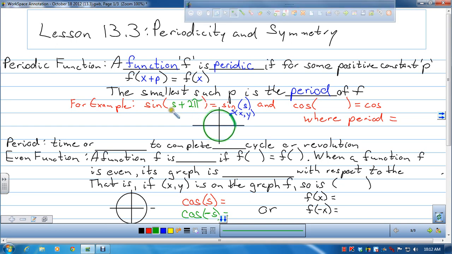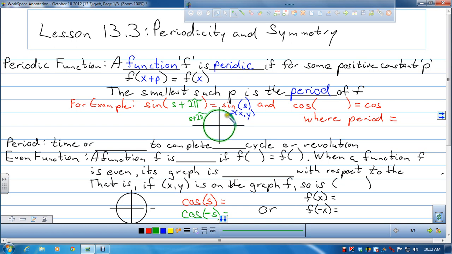So that sine value of s is the same as the sine value of s plus 2 pi because they are coterminal, right?